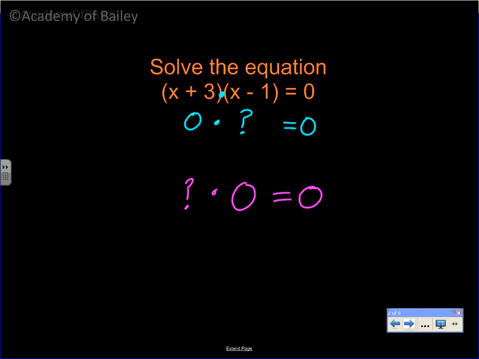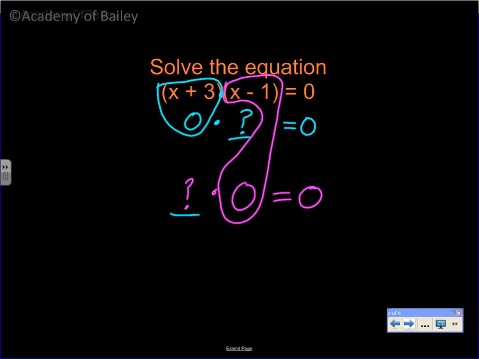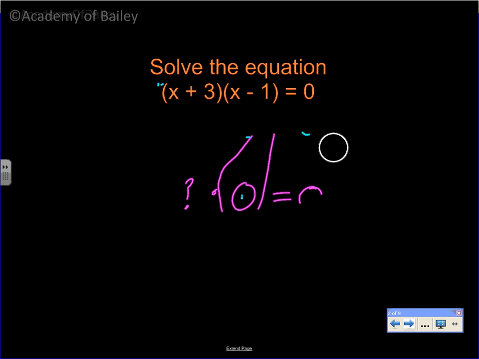So in order to do that, we just have to be able to set x plus 3 equal to 0, or set x minus 1 equal to 0, and then solve those. And it doesn't matter what this question mark is, because whatever it is, when you multiply it by 0, you're still going to get 0. And that's the whole goal of this. We're trying to figure out what we can plug in for x to get 0.